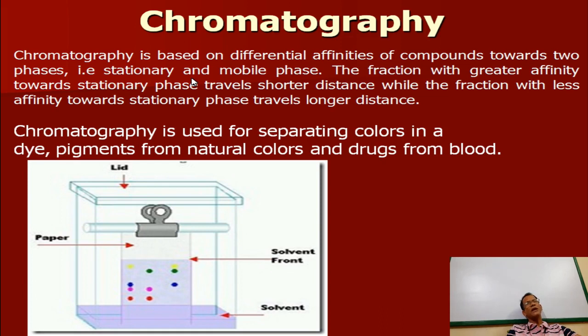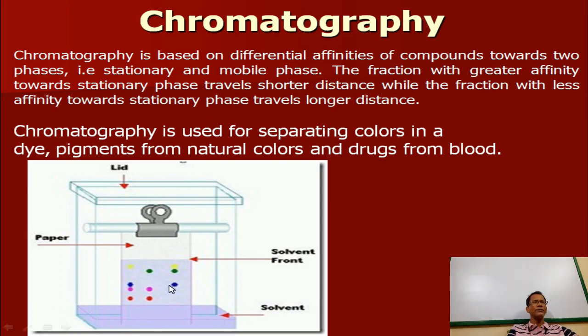On the basis of their adsorption capacity, they will be adsorbed on the chromatography paper, which is called the stationary phase. Here the mobile phase is the components which will be separated, and the stationary phase is your paper. On the paper, the different components will be adsorbed, and the nature of adsorption depends upon the nature of the substance taken. So you see the diagram.